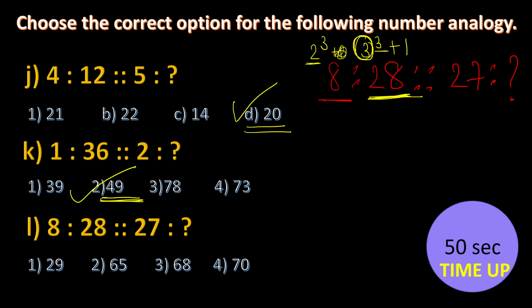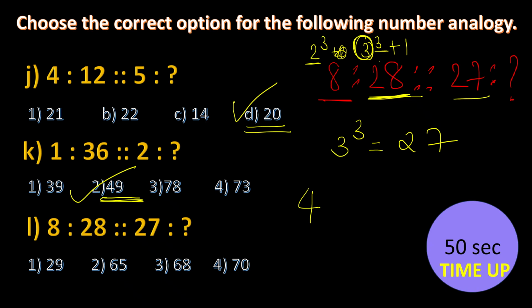27. 27 is a cube of what? 3. Okay. So 27 is 3 cube. Correct? So 3 plus 1 if I do, I'll get 4. Okay, so after 2 you have 3.